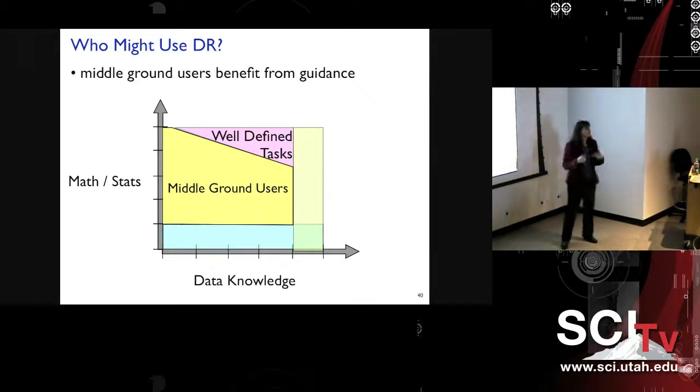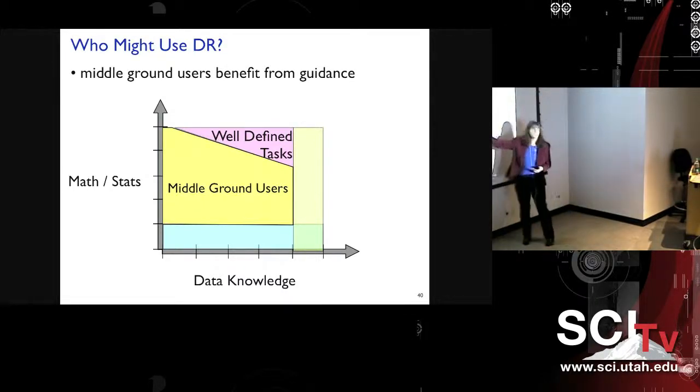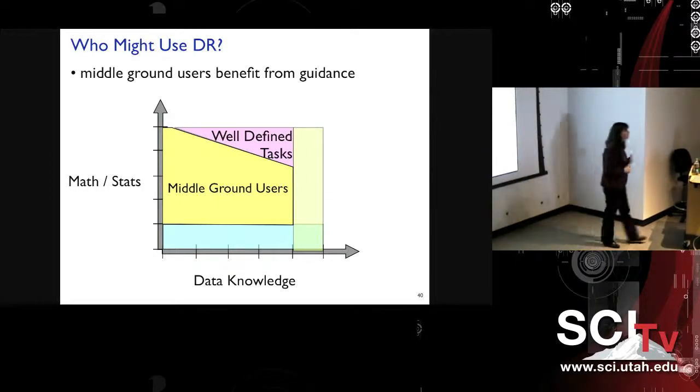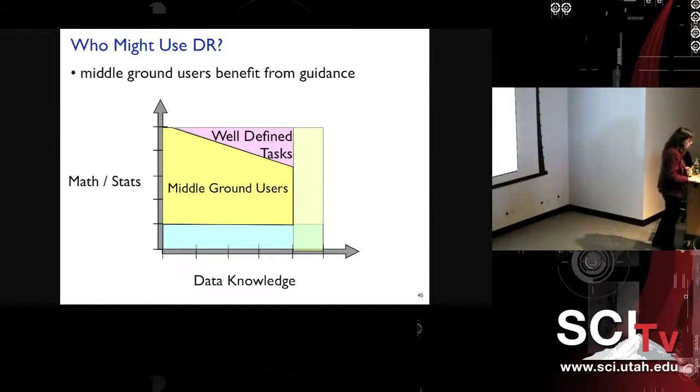They might know a lot about math for the particular domain science that they're doing, but maybe not so much about the mathematics of dimensionality reduction in particular. And our conjecture was that there are a lot of these kinds of people out there. They're actually using DR now, perhaps not always effectively. And could we build a toolkit that actually helped them do DR in a more systematic way?